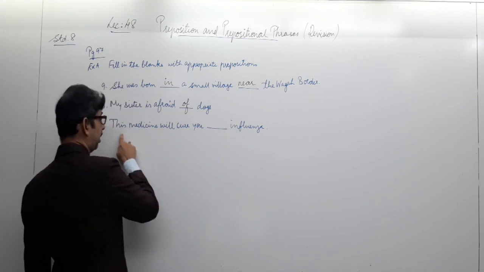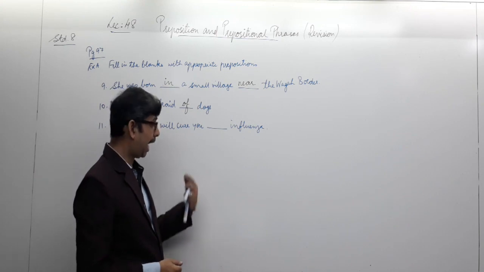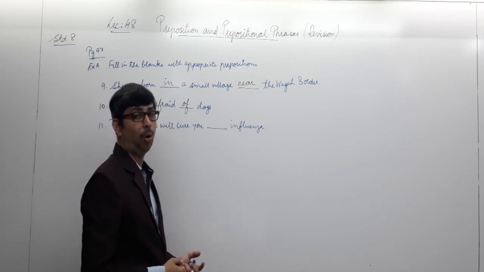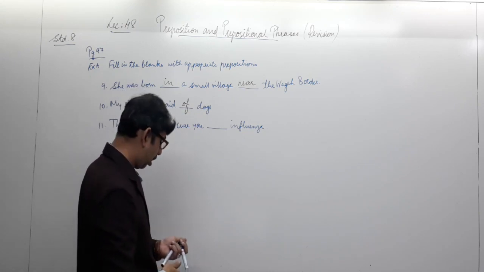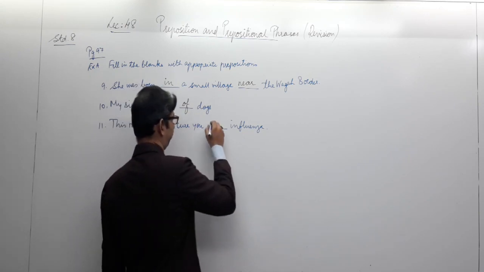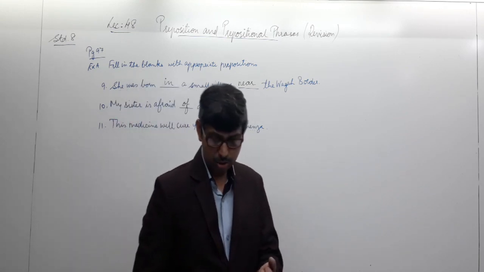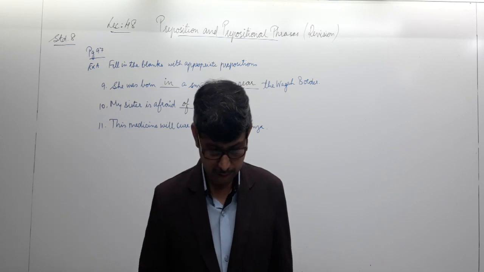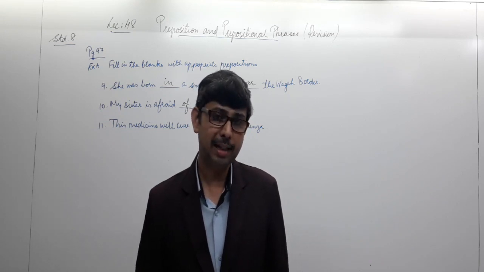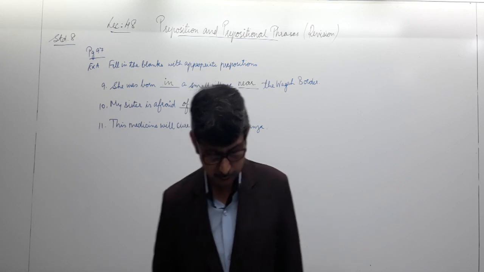Talking about medicine, this medicine will cure you at that disease, at influenza, in influenza, or again we will be using the same preposition that we used in the previous one, of influenza, from certain disease. So of is used in two ways, as spatial also, as direction also. Well, moving on to the next one.